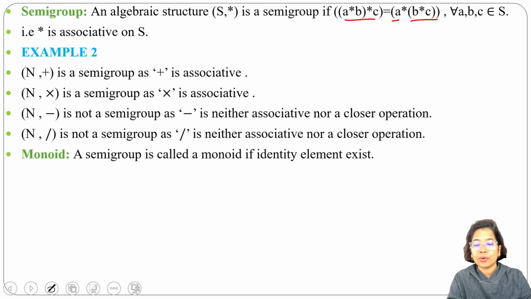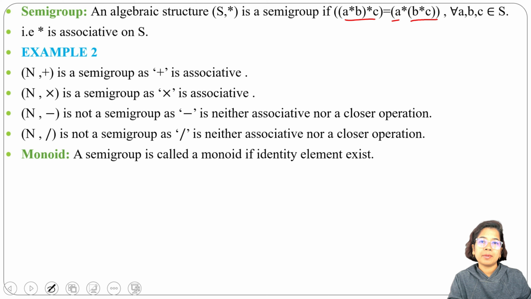Next is monoid. A semigroup is called a monoid if an identity element exists. So there should be a unique identity element. If a unique identity element exists, then it's a monoid. What is an identity element? In case of addition, we can say 0 is the identity element. Any number plus 0 will be the same number. In case of multiplication, 1 is the identity number.